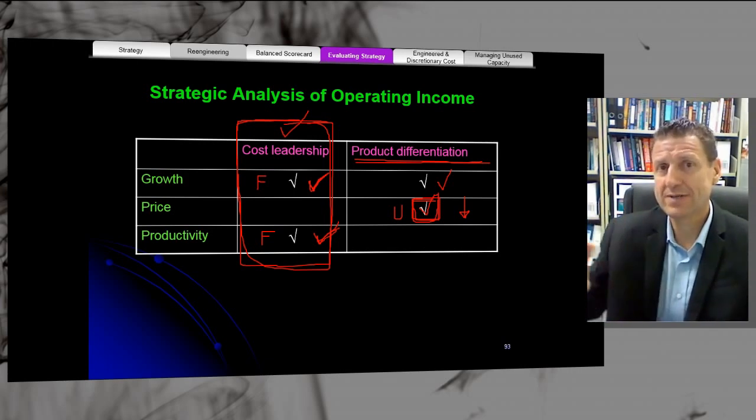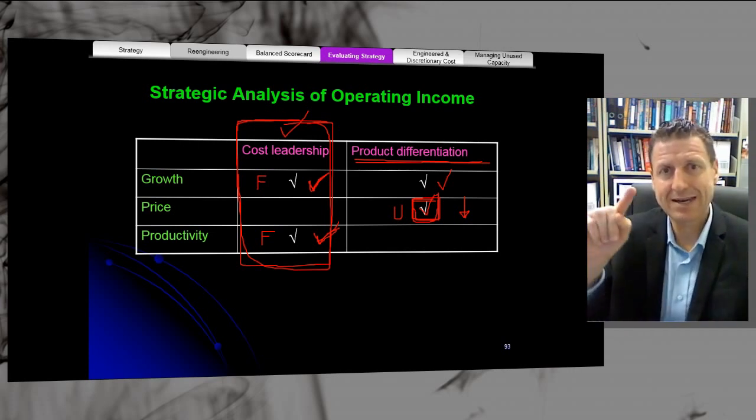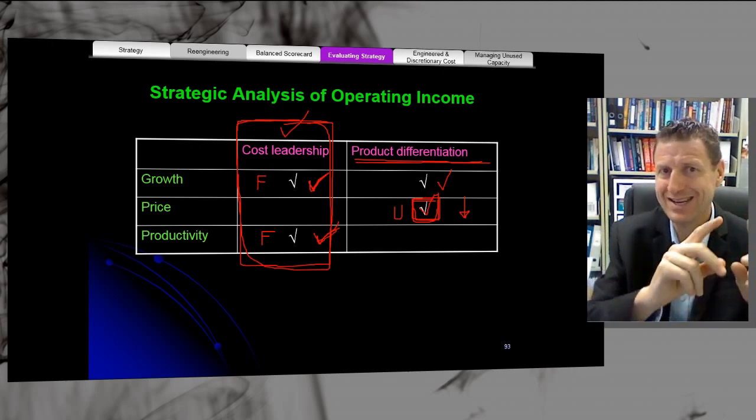Remember, initiatives are at the bottom two parts of the balanced scorecard, but to get the attention of senior management, we're actually focusing on that top part, the financial.